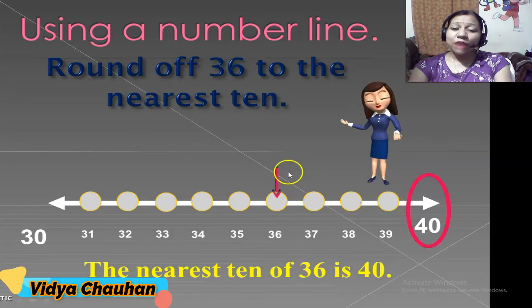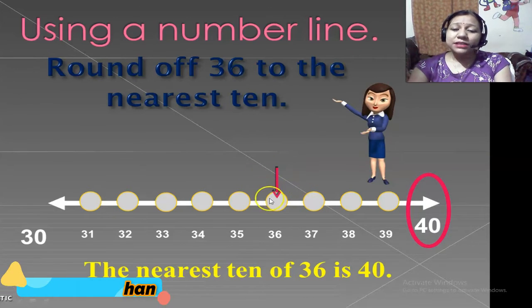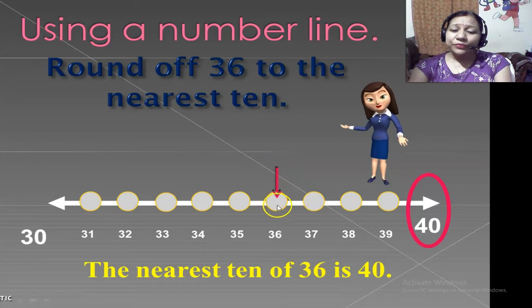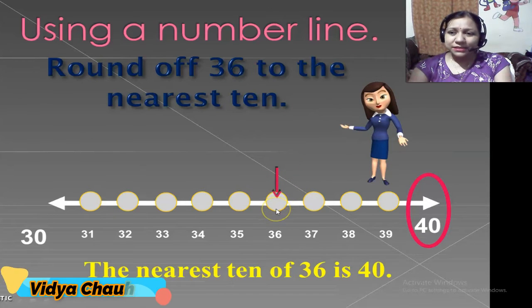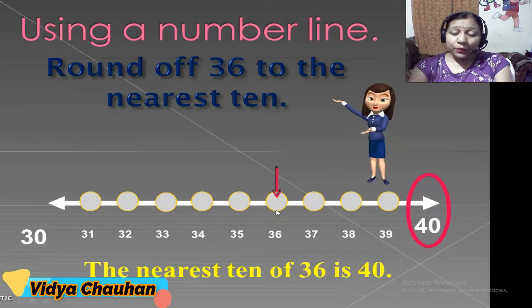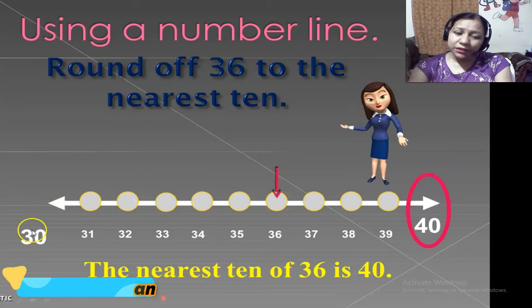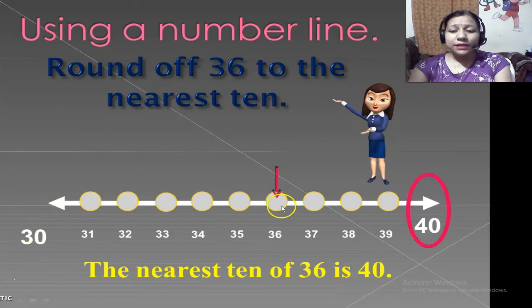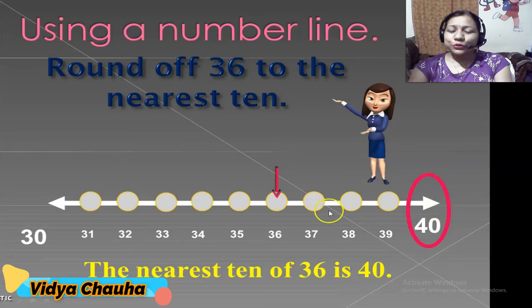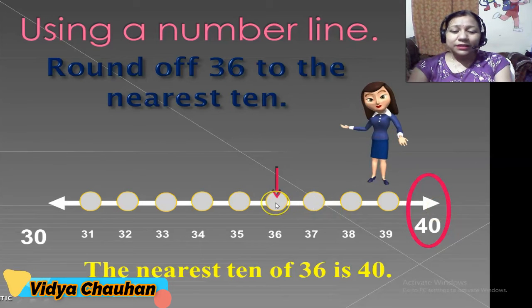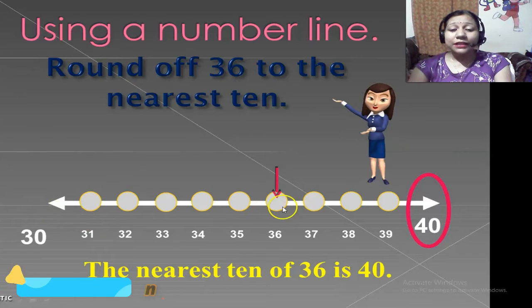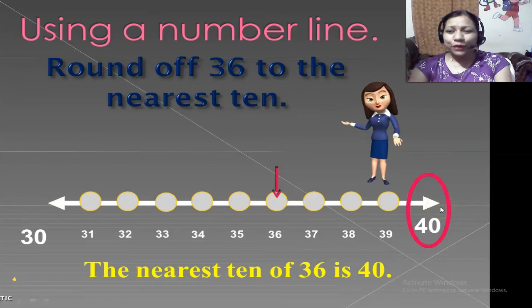After that, you have to find out where this number 36 is lying. So 36 is lying at this place, right? Now, you have to check whether 36 is nearer to 30 or nearer to 40. So students, as you can see here, 36 is farther from 30 and it is nearer to 40.